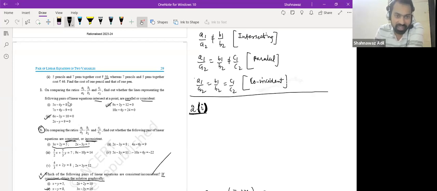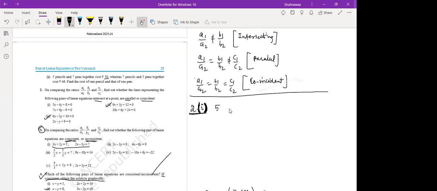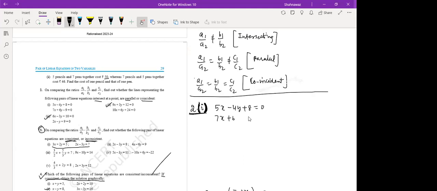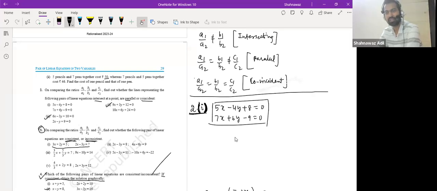Okay, good. So let us come to these questions. We have these equations, right? So we have a pair of linear equations. What is a1 from here?